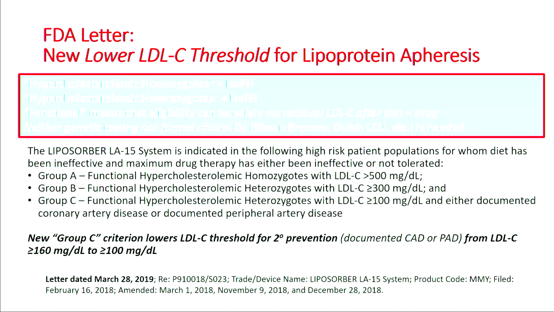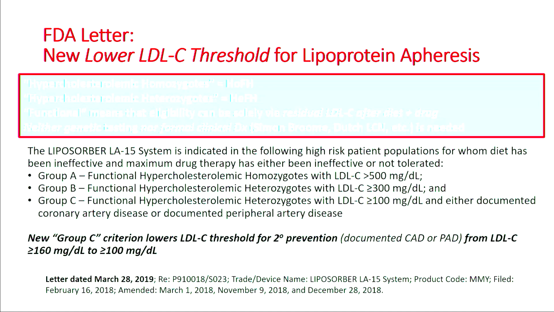Group A is considered those with functional hypercholesterolemic homozygotes with LDL greater than 500, like that one curve I had shown starting up that high. Group B is those who were heterozygote, inherited from either mom or dad, with LDL 300 or more.